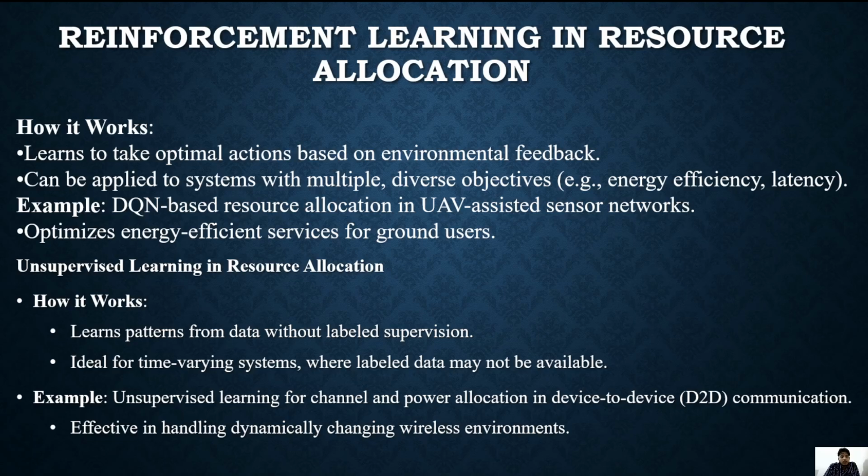The basic roadmap of how it works is it learns to take optimal actions based on environmental feedback. It can be applied to systems with multiple diverse objectives. Example, DQN based resource allocation in UAV assisted sensor networks optimizes energy efficient service for ground users.